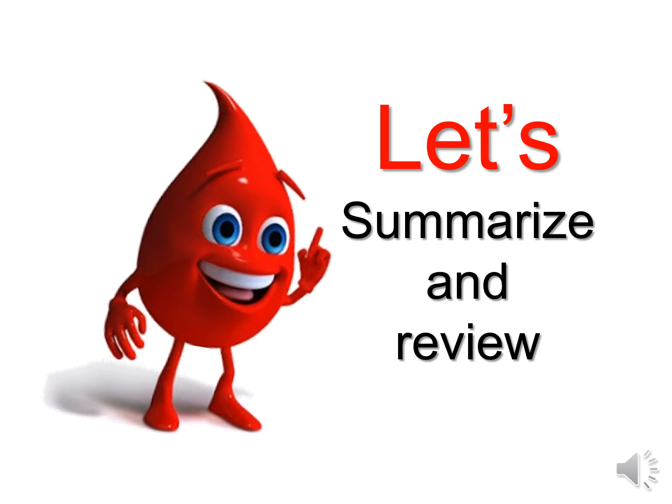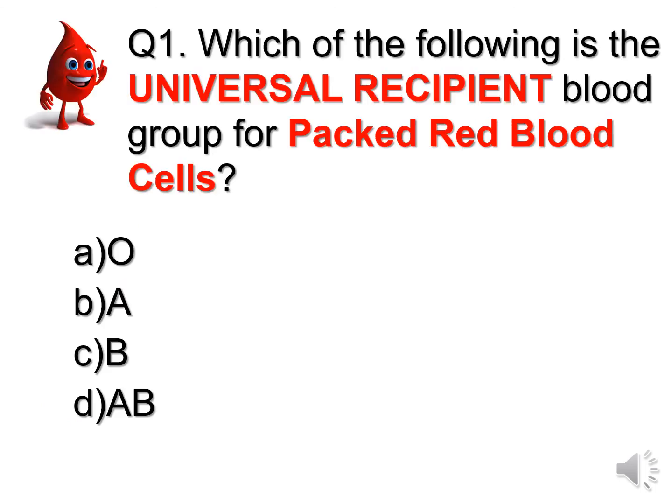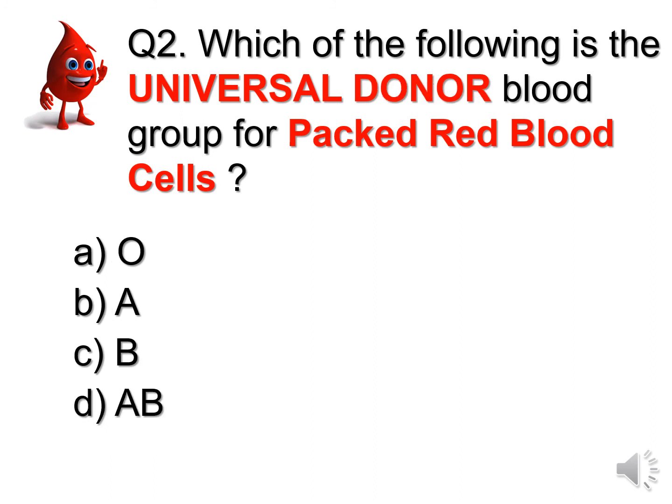So let's summarise and review. Which of the following is the universal recipient blood group for packed red blood cells? O, A, B or AB? The correct answer is AB. Which of the following is the universal donor group for packed red blood cells? O, A, B or AB? The universal donor.